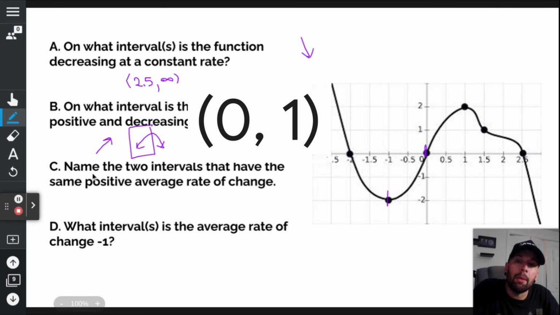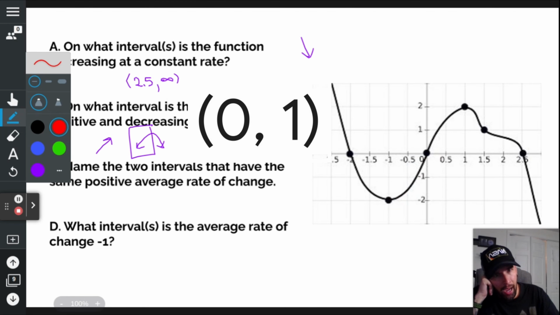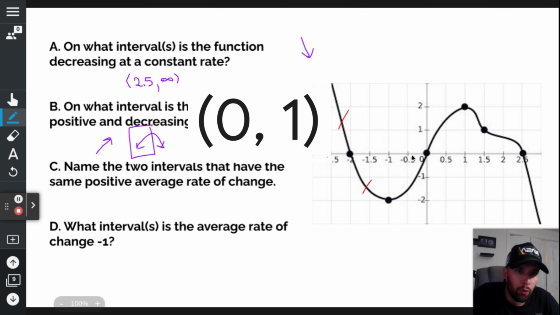Name the 2 intervals that have the same positive average rate of change. All right, so let's get rid of the few colors that I added here. Same positive average rates of change. Okay, so you're a negative rate of change, negative, negative, negative.